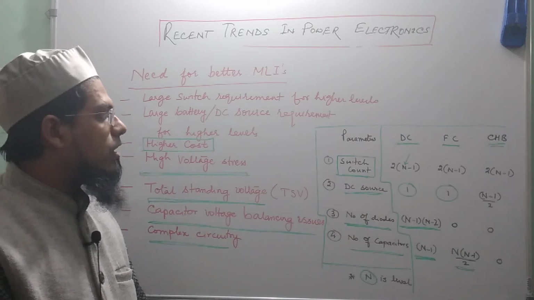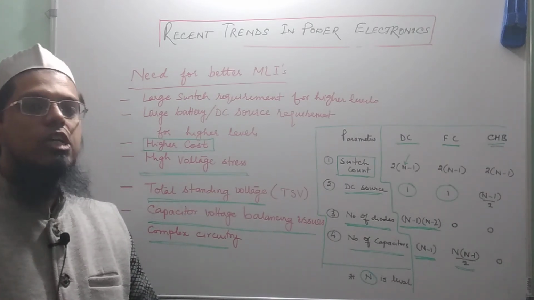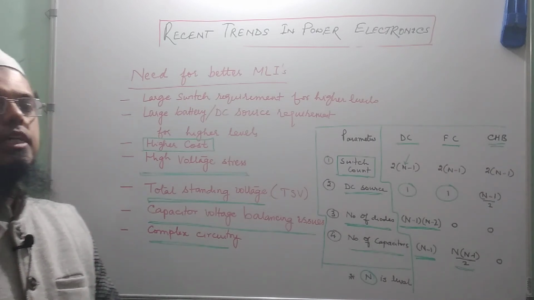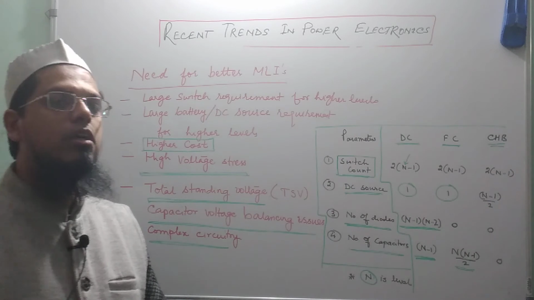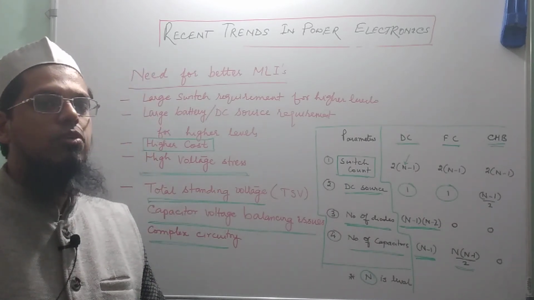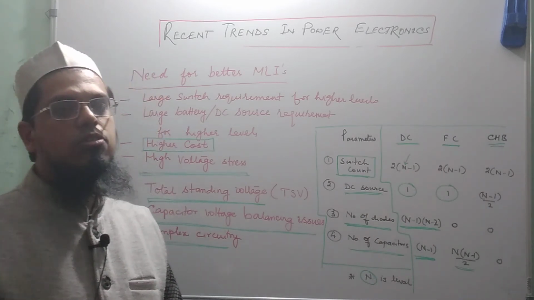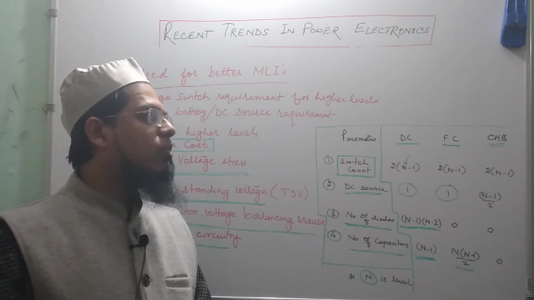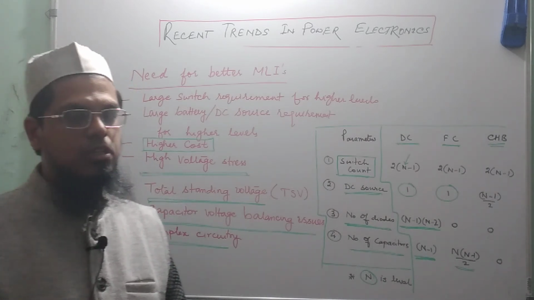So we would be looking into the working of one of the topologies, which is called the packed U-cell multi-level inverter, and we would look into its operation, and we will also see how it has inherent advantages associated with it compared to the conventional topologies.